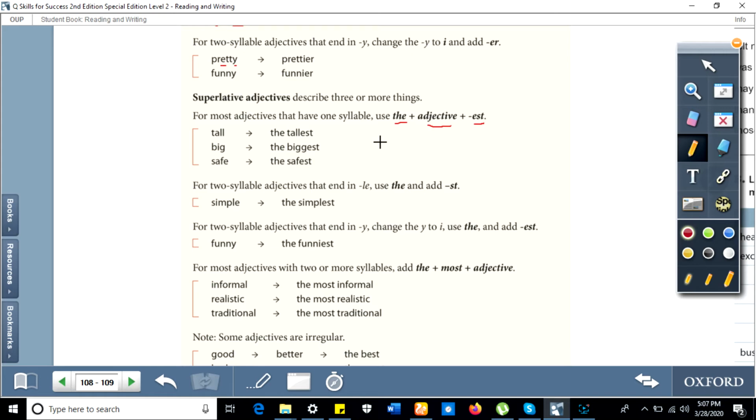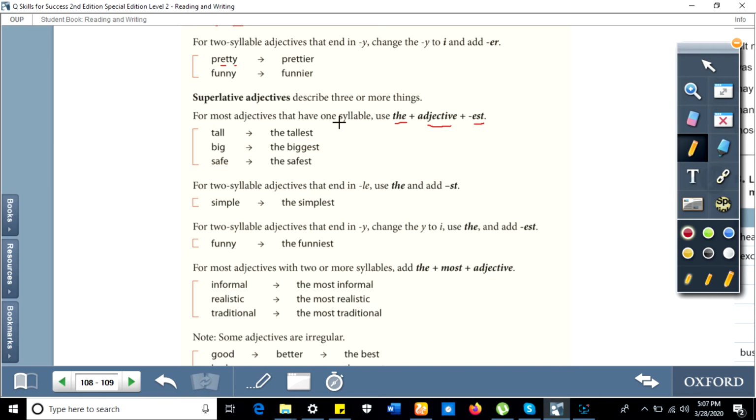Like in the previous case when we talked about comparative adjectives, Ahmed is taller than Majid, but here we are saying Ahmed is the tallest boy in the class. So it means that out of all the boys, Ahmed is the tallest one. So that's what the superlative adjective means.